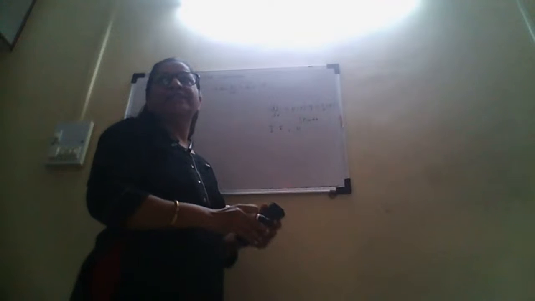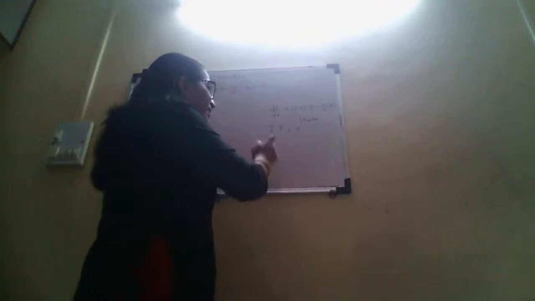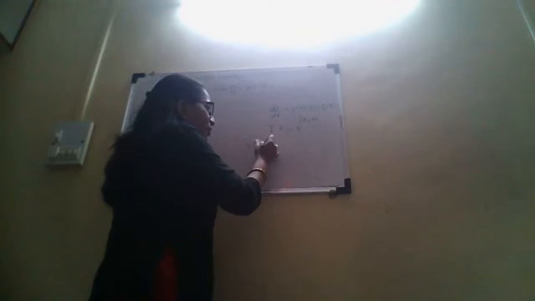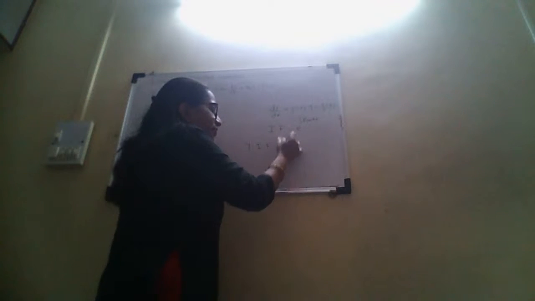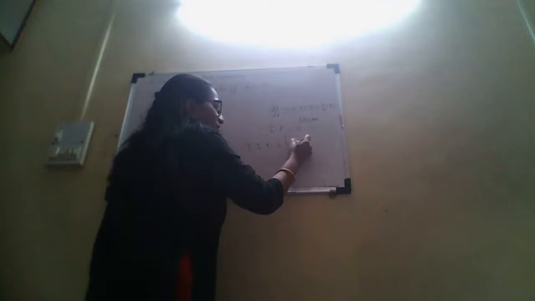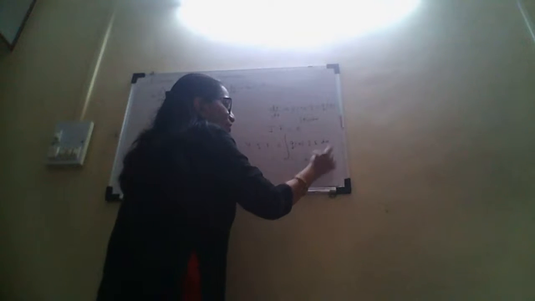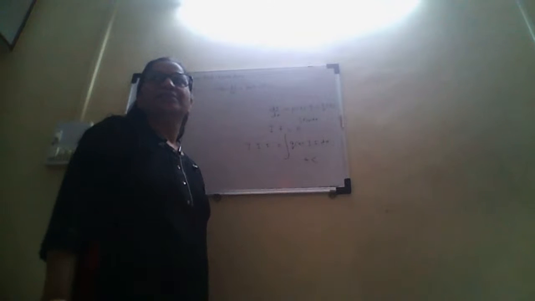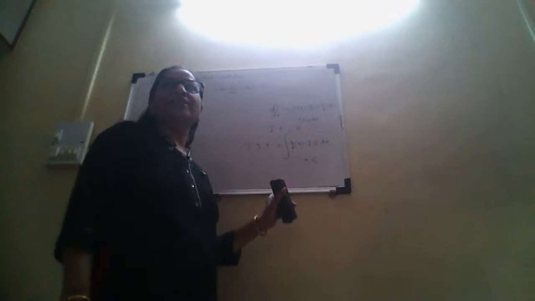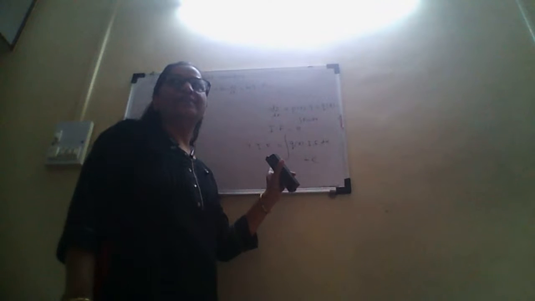So we find this integrating factor, and then the solution is given by y into I of x is equal to integration of Q of x, which is on the RHS, into I of x into dx, plus a constant of integration. In this way, we can solve this linear differential equation of first order and first degree.